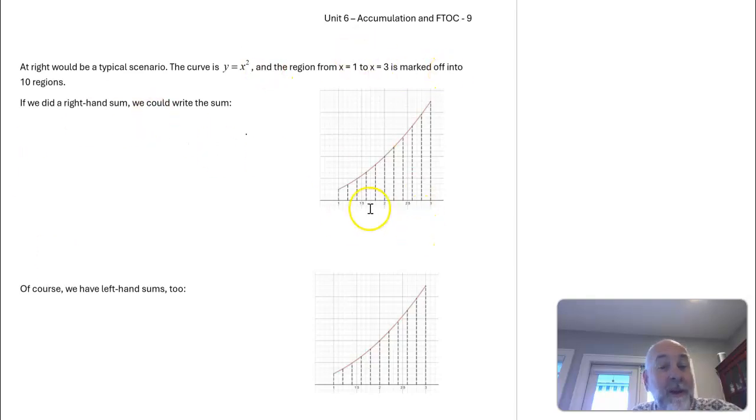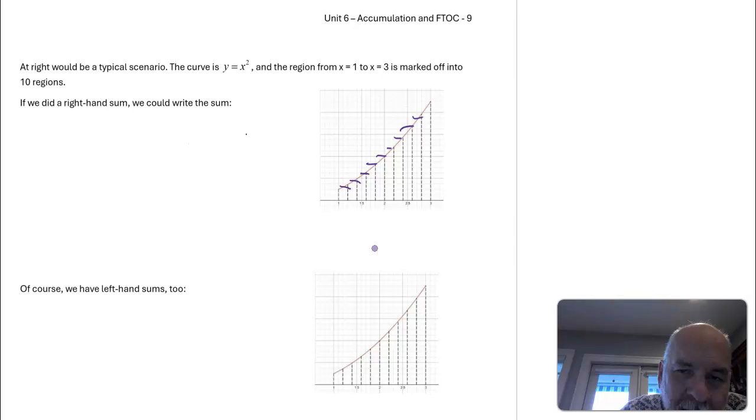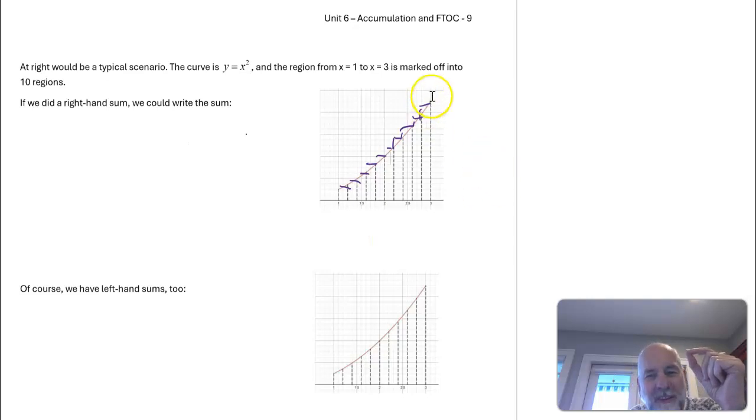But one thing we could do to improve our estimate is we could use more regions. Like when we do a right sum, now we're doing these tiny little, really skinny regions, but the result is that our error is a lot smaller, because you can see that the amount that we're off is really, really tiny.